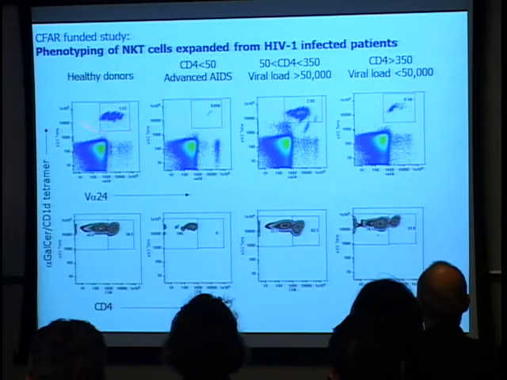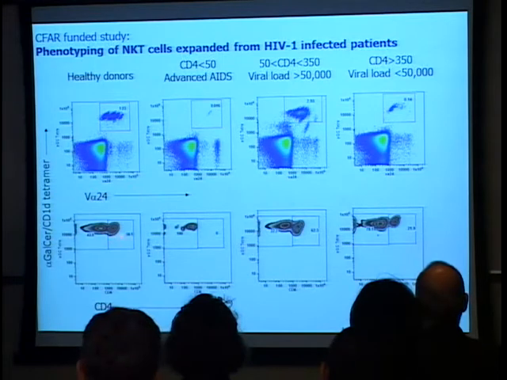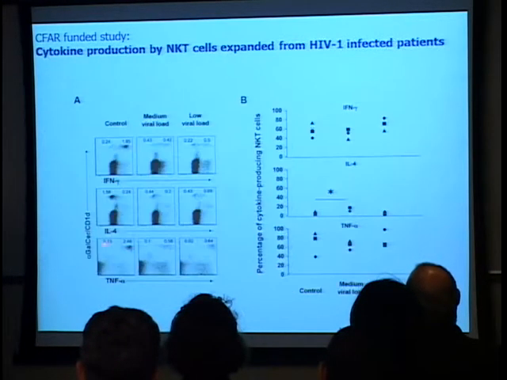So this is the phenotypes of the expanded cells. This is tetramer staining plus the invariant T cell receptor staining, and they have the CD4 positive and negative subtypes. So this is the intracellular cytokine profiles of the expanded cells. So we can see they are able to produce cytokines.